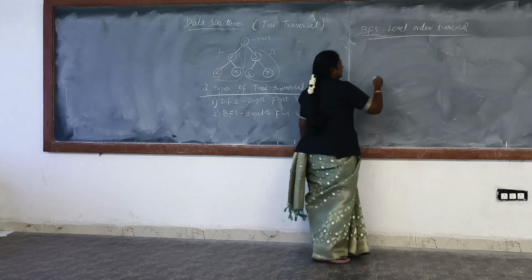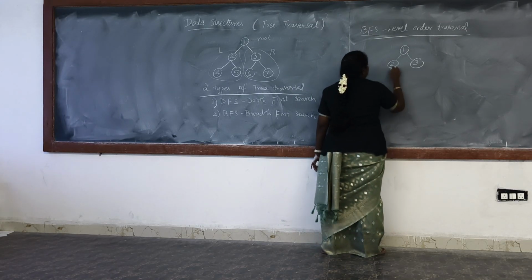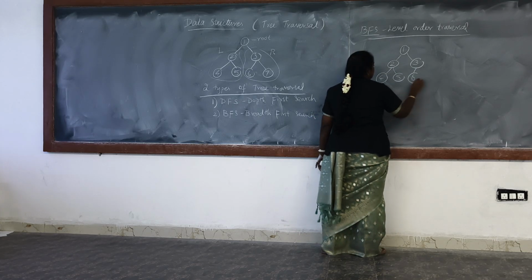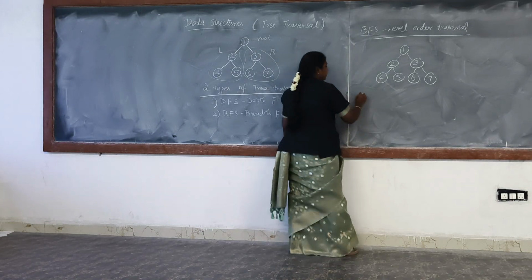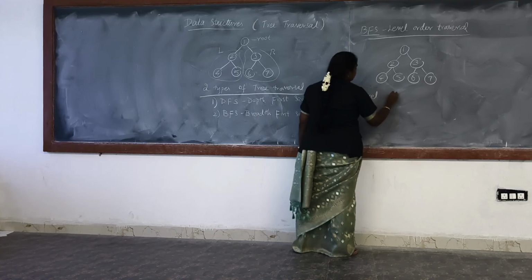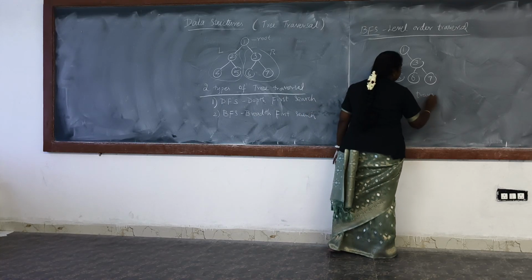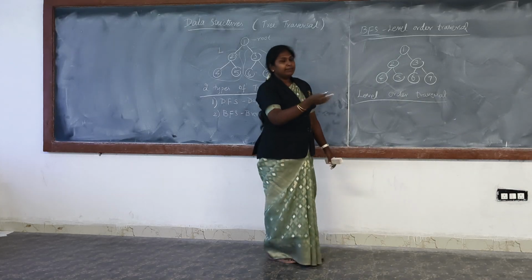So I'll take the same tree as example, which is 1, 2, 3, 4, 5, 6, and 7. Now I have to write the level order traversal. As you know, breadth first search carries out its traversal level by level.